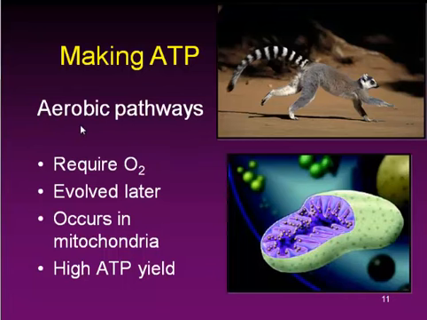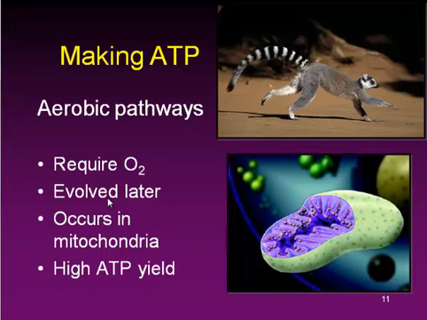Aerobic, as the name implies, actually requires oxygen. You need oxygen to drive this pathway, and we suspect that this pathway actually added on to the anaerobic pathway later on. It actually evolved after the anaerobic pathway when the atmosphere began to fill up with oxygen.